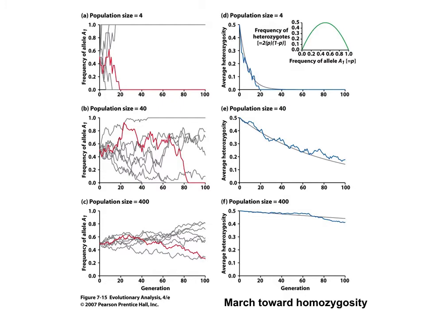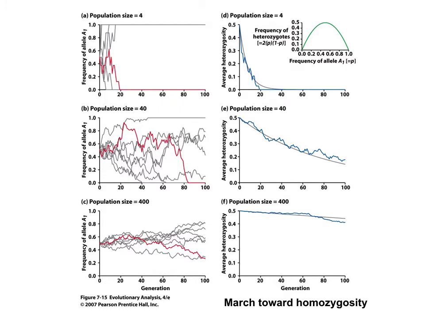In A, where your population size is 4, you've gone to fixation in all of your simulations by generation 20. In B, where population size is 40, some populations have gone to fixation and some haven't. The other column, I don't want you to worry too much about, but another effect of genetic drift is a reduction in the frequency of heterozygous individuals.